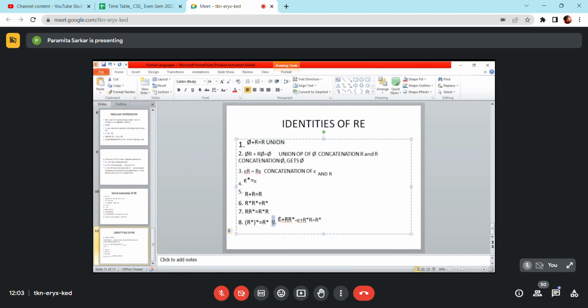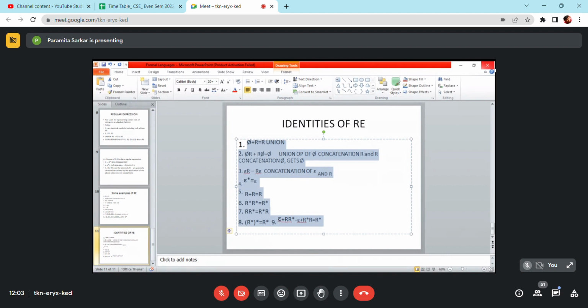So like this I am giving you a few identities here, and later I will provide more. If we remember these few identities very clearly, then we can see how we can prove using identities of regular expressions.